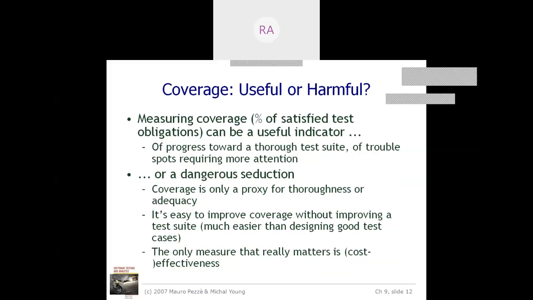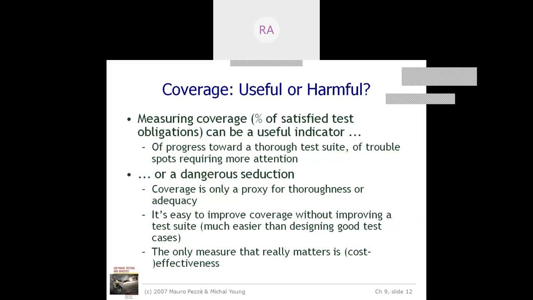And sometimes it may not be useful. It is a dangerous one. Why is it so? Because it is an approximate value that tells how much it is adhering to the adequacy criteria. It is not the exact value because some statements may not be executed. That's why the coverage is a proxy for thoroughness or the adequacy criteria.